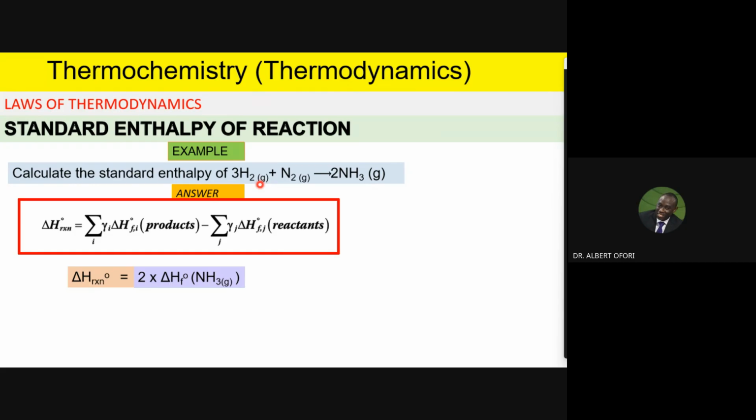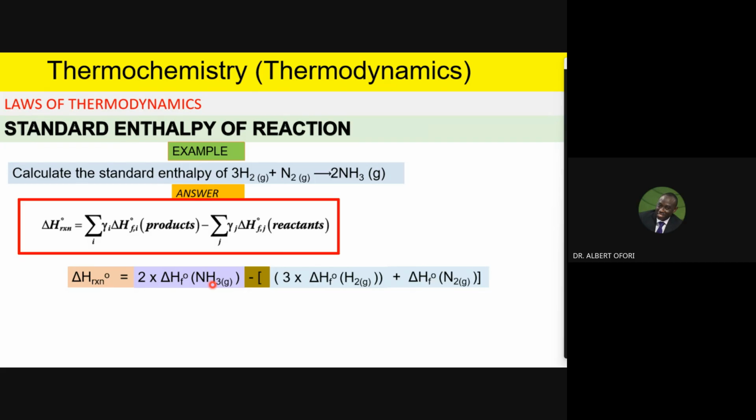So the enthalpy of formation for 1 mole of that is given, and here in the equation it is 2 moles, so multiply by 2. So if 1 mole is giving you this, then how about 2 moles? So we are looking at the product, which is only ammonia, minus the summation of that of the hydrogen and that of the nitrogen.